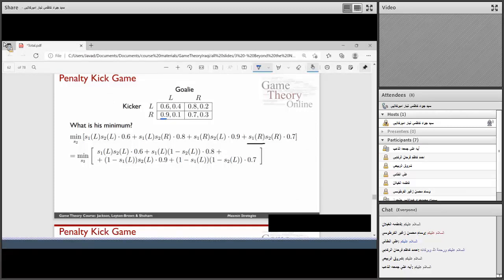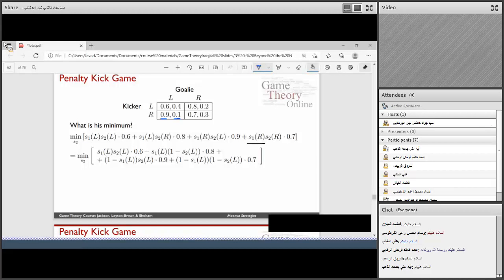So the goalie will have a 10% chance of scoring. That's why we give him 0.1 as the payoff in this situation. And similar for the situations where the kicker goes right and the goalie goes left, and when the kicker goes left and the goalie goes right, and when both of them go right.